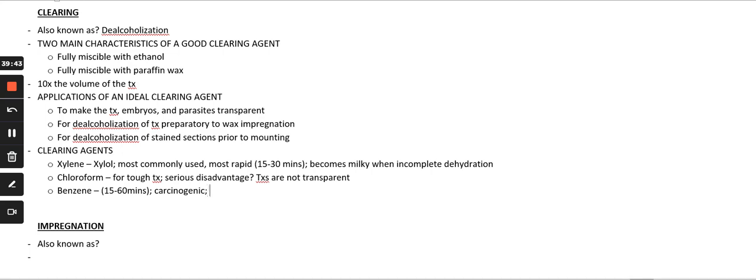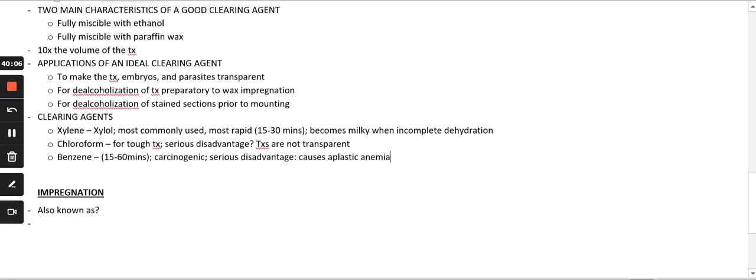Now, its serious disadvantage, okay? Di ba, we already talked about this. Its serious disadvantage is that it causes aplastic anemia. Okay, when you hear the word benzene, you always have to associate it with aplastic anemia.